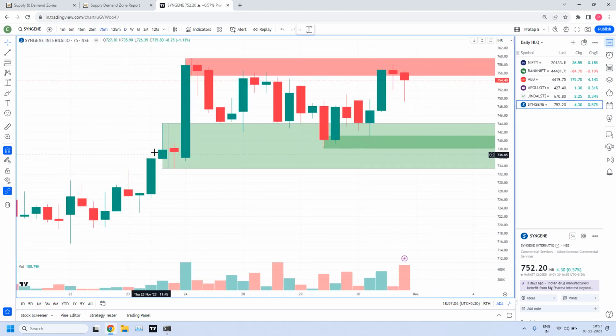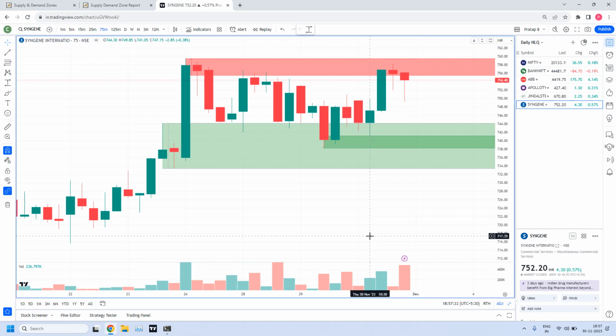So we have a rally, two base candles, and again a rally candle, an RBR formed, and previously it has given several tests. Inside this 75 minutes, we identified a fresh 15-minute zone, and today price has reached here and entered into this 15 minutes target. This 15 minutes is also a high liquidity supply zone.